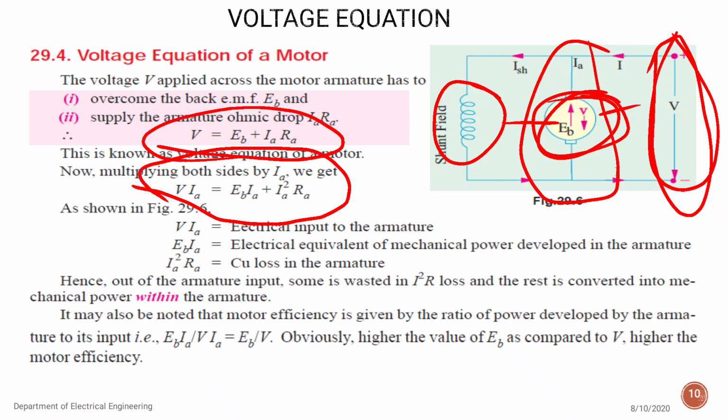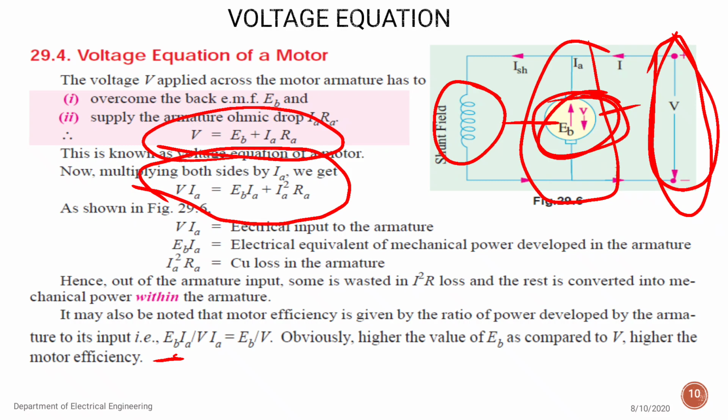That is why the motor efficiency is also known as the ratio of the power developed by the armature to its input. Power developed by the armature is nothing but EBIa, and the electrical power input to the armature is VIa.